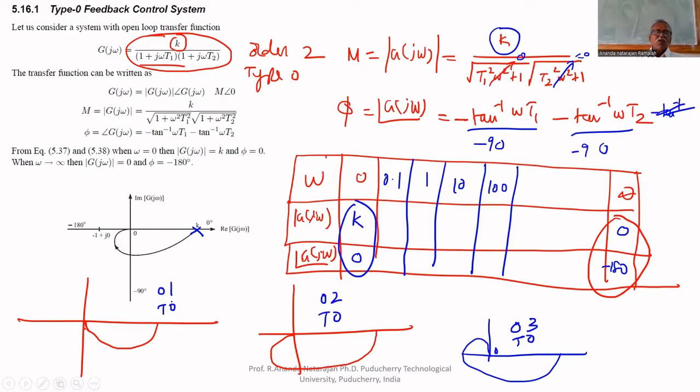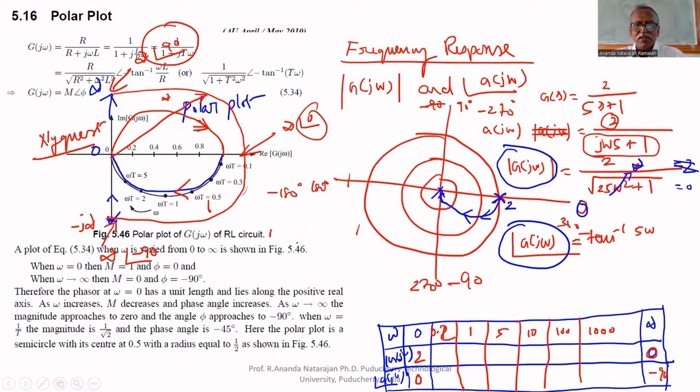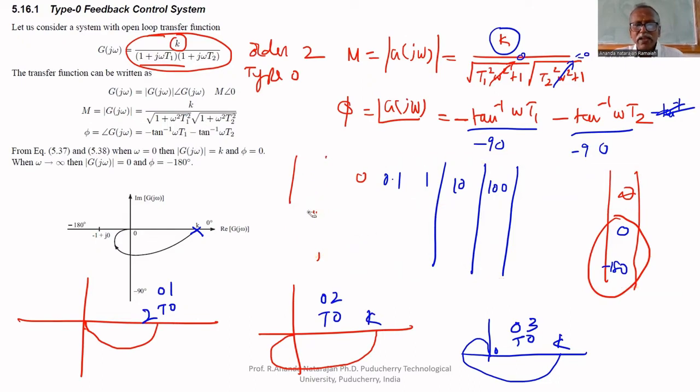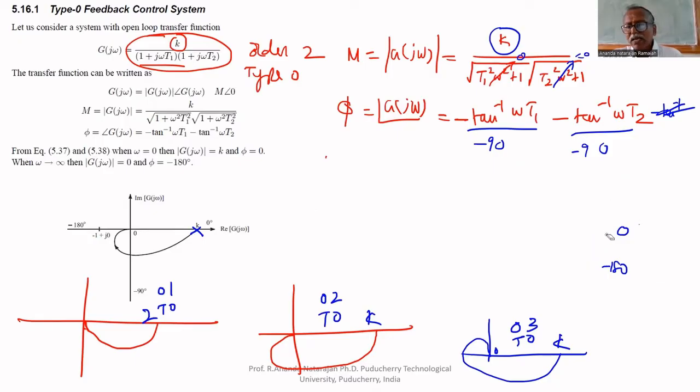They start at the open loop gain. Here it starts at K, the open loop gain. Here also it starts at K angle 0. So we can draw the rough plot easily. If you know the type number and order number, I can draw the rough frequency response without knowing anything else.